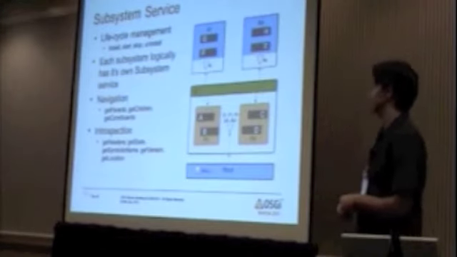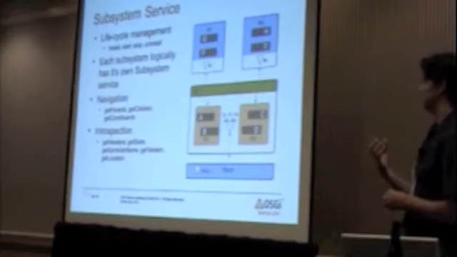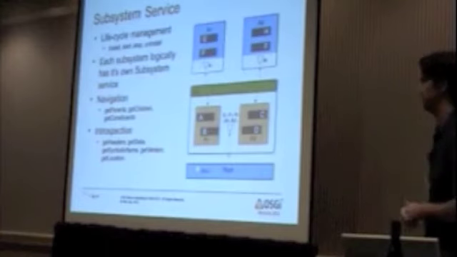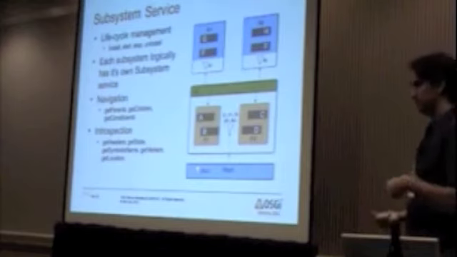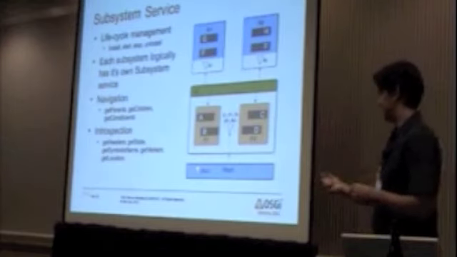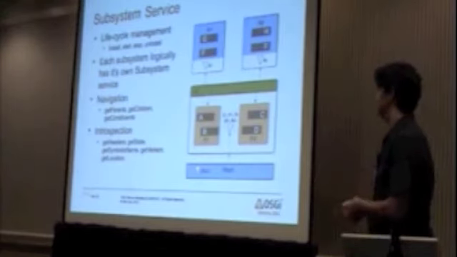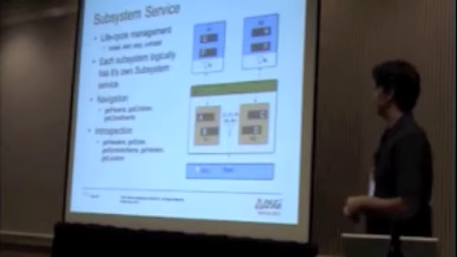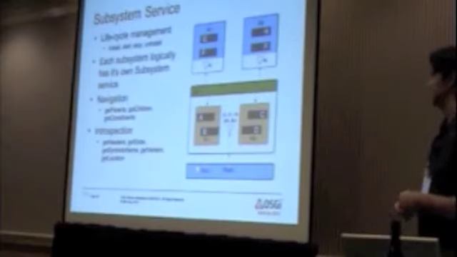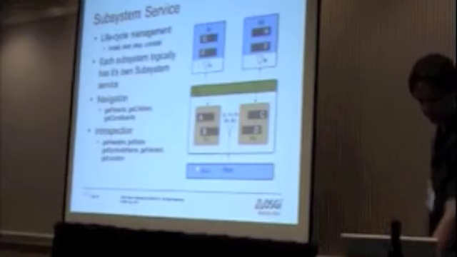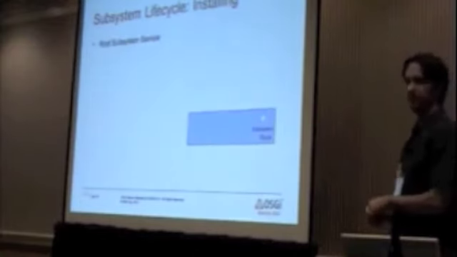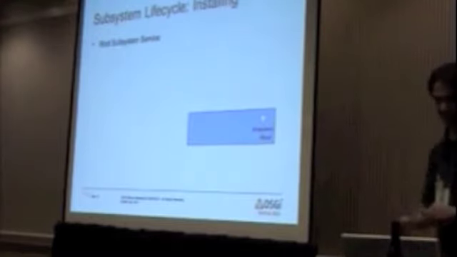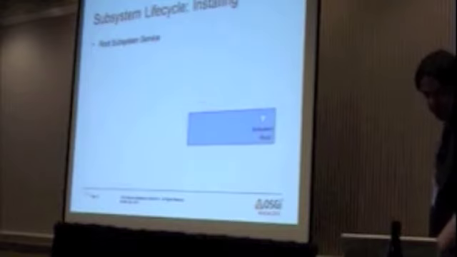Each subsystem that gets installed gets its own subsystem service registered with the service registry, so you can discover what subsystems are installed. You can get their services and enact the lifecycle management operations for starting and stopping and so on. I'll try to go over some of the actual operations here, but we're running short on time.